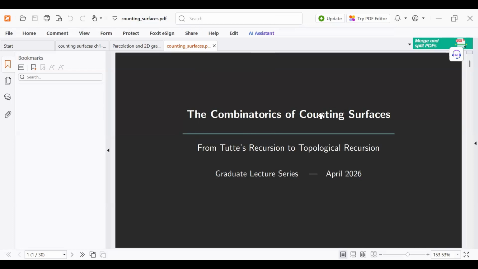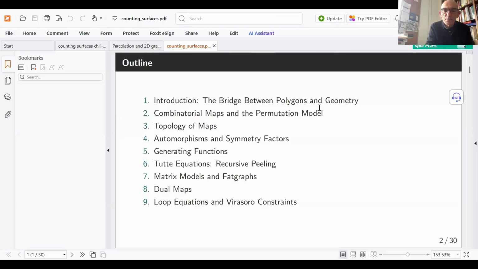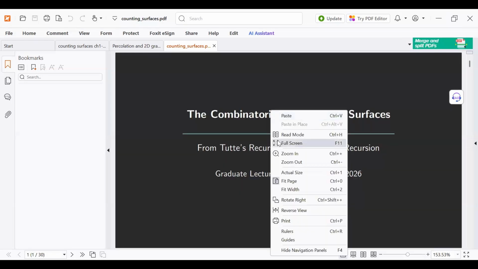How do I start the slides? I forgot the key to start. Just push return. It won't work. Oh no, last time I just used full screen. Oh, yeah, full screen. That's a good idea.